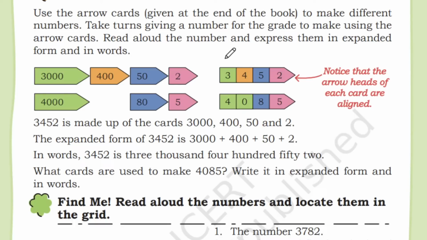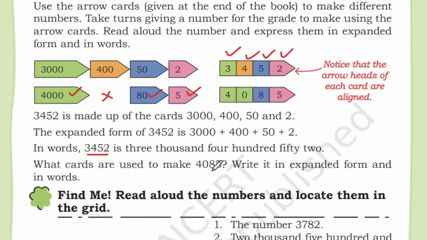What will you get? 3,452. Likewise, you didn't have anything for hundreds. You got thousands like 4,000. And in tens you have 80 and in ones you have 5, that is 4,085. Okay, you add them together, you will be getting the same numbers.